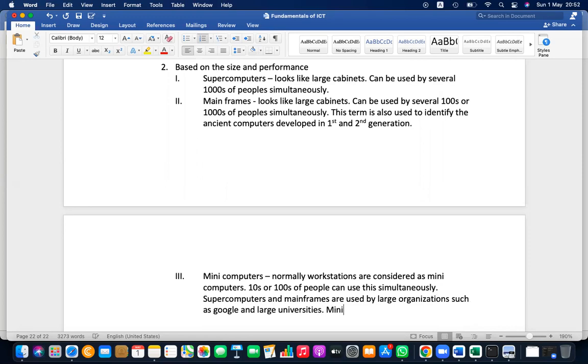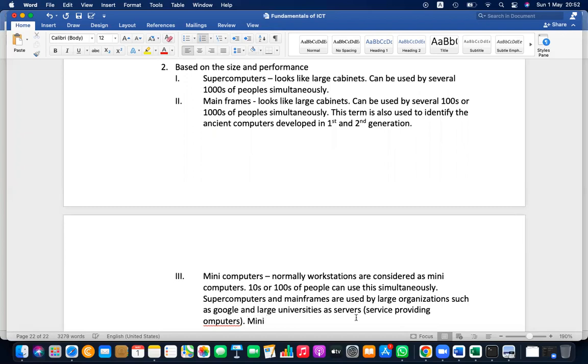Mini computers, used by universities as servers, right? As service providing computers. Server means service providing computers.